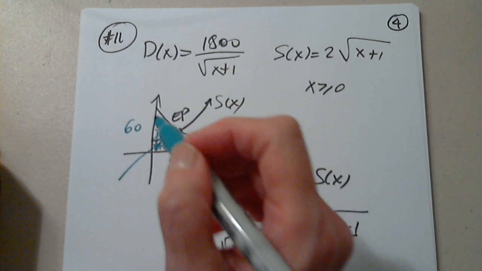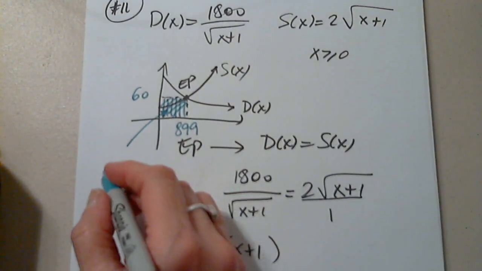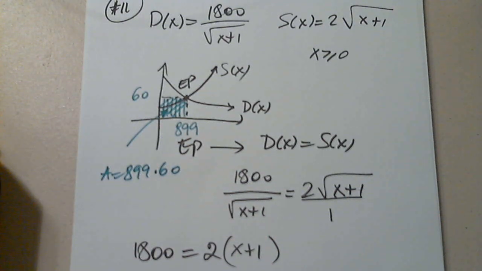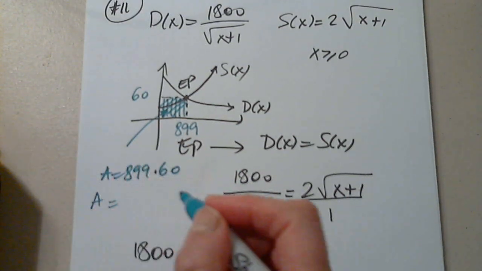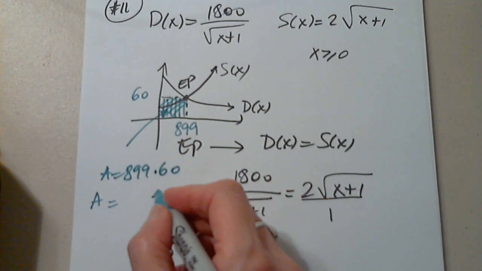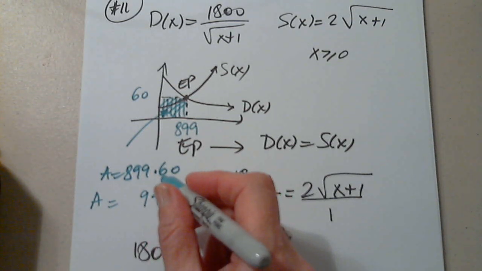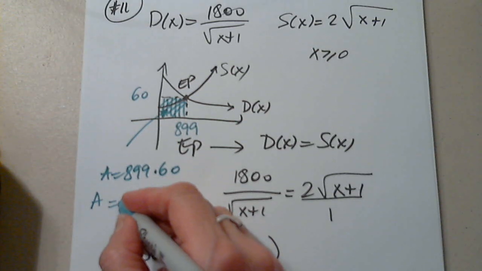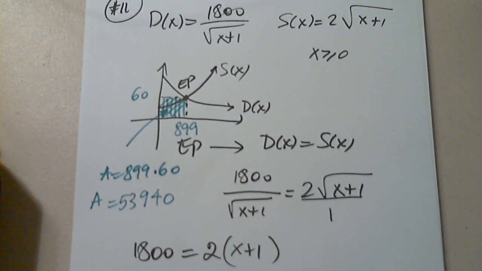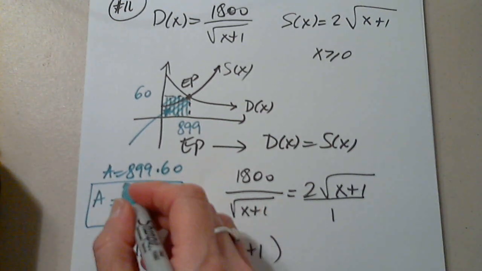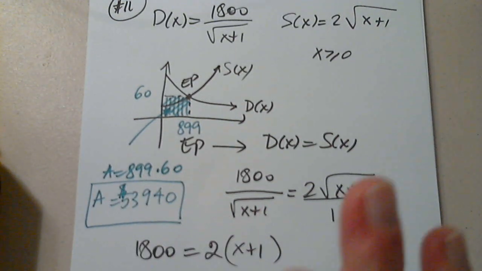So this area of the rectangle will be 899 multiplied by 60. How much is that? $53,940. Excellent. So we have the area. Of course in dollars. Perfect.